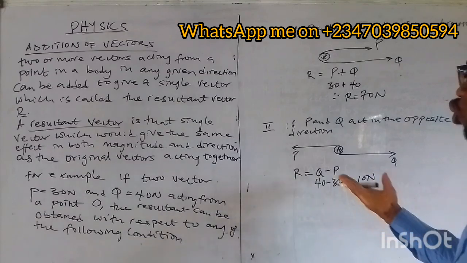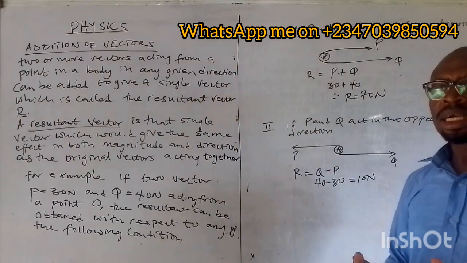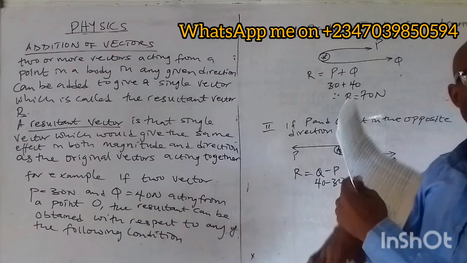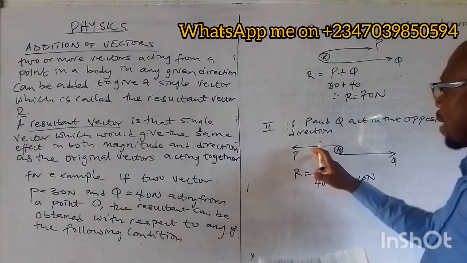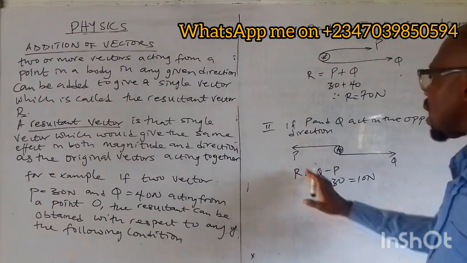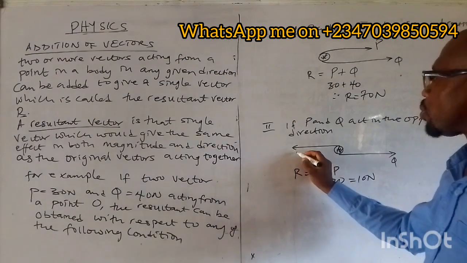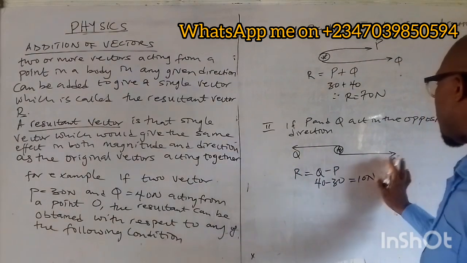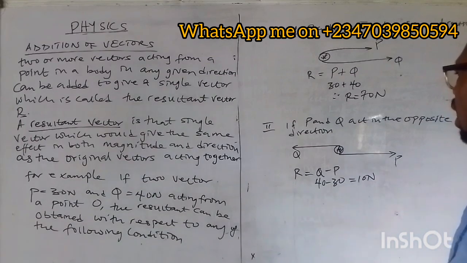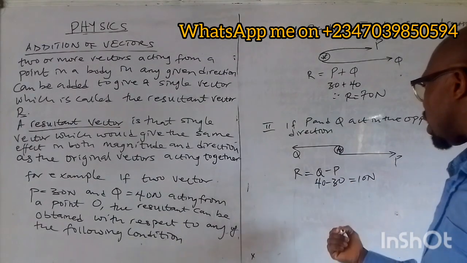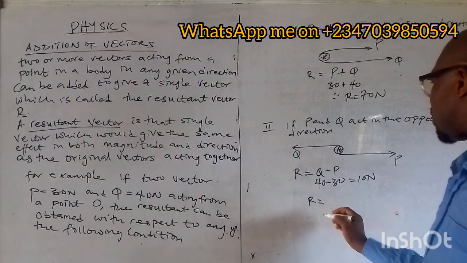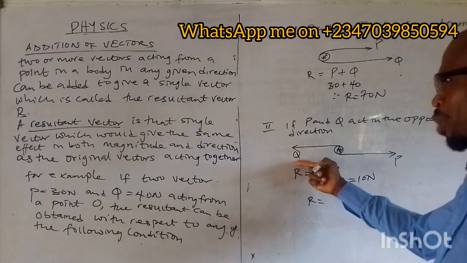On the other hand, because you are not restricted in placing your P, you can place your P anywhere. You can place your P like this. For instance, if Q is placed here and P is placed here, it's still the same thing. R is equal to, maybe you pick this value first.